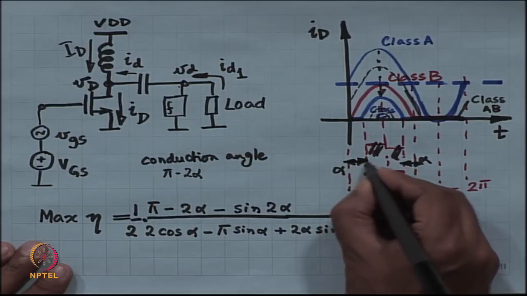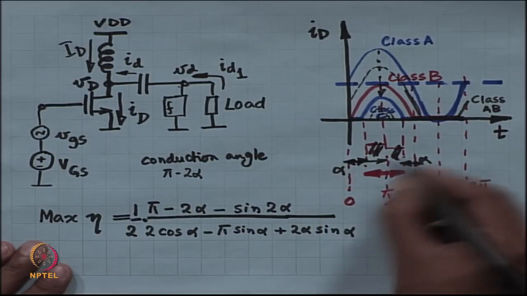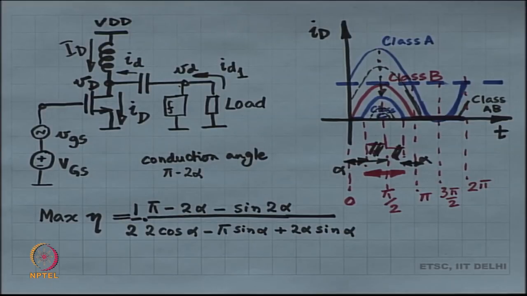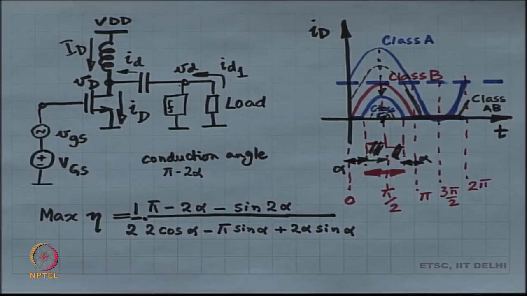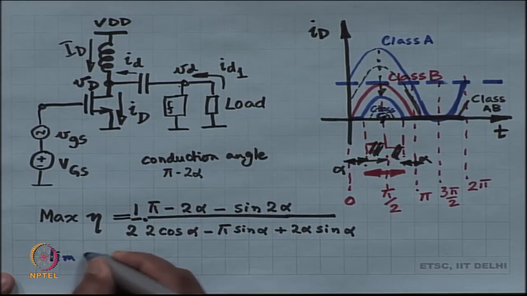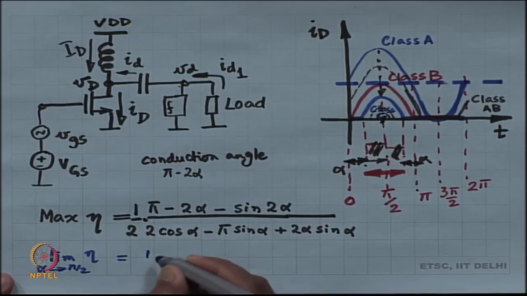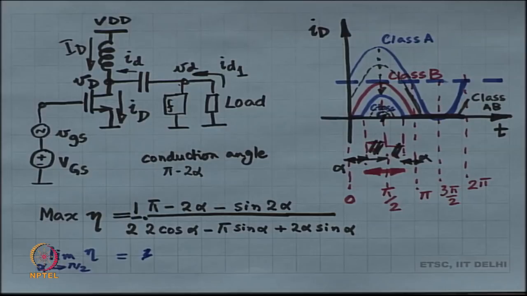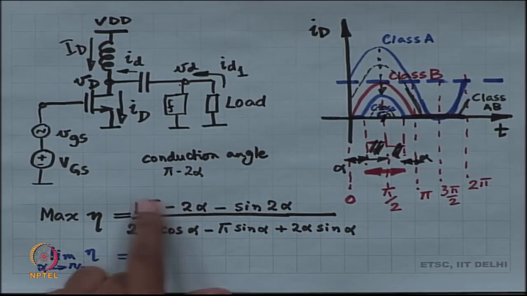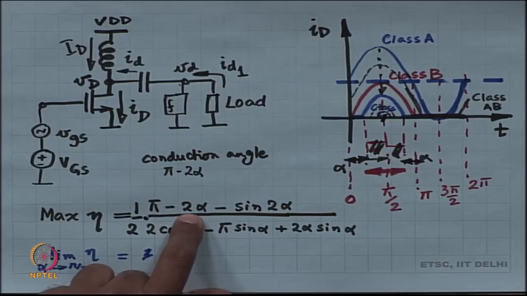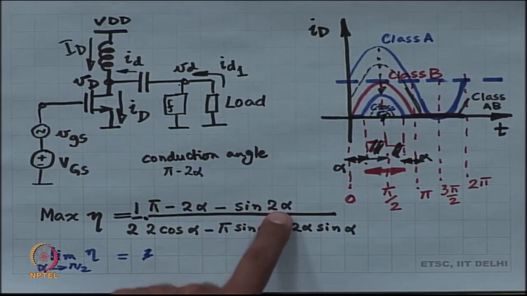In the limit, suppose you plug in alpha equal to pi by 2. So, in the limit alpha is equal to pi by 2. So, you say I am not going to conduct at all, or I am just going to conduct at this one point. Okay. What you are going to find? Let us try it out. If alpha is equal to pi by 2, you are going to plug in alpha equal to pi by 2. So, pi minus 2 times pi by 2 is 0, minus sine of pi is 0.